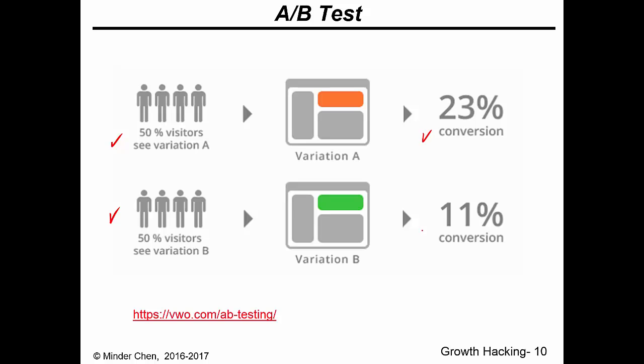If we use conversion rate as an example, variation A ends up with a 23% conversion rate, and variation B's group only has 11%, which means option A's design is probably better. The difference could actually be minor. It could be just where you place the button, how you describe your product, or what image you use on your website to show your product to the visitors. So this is called an A/B test.